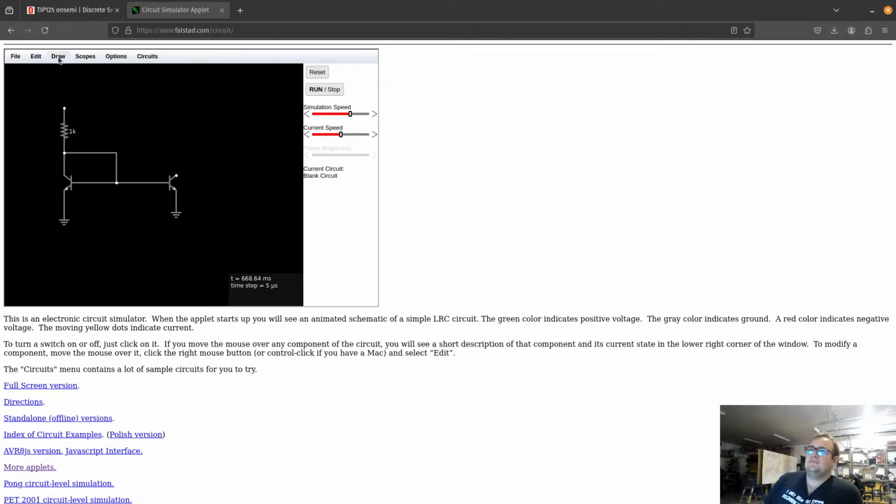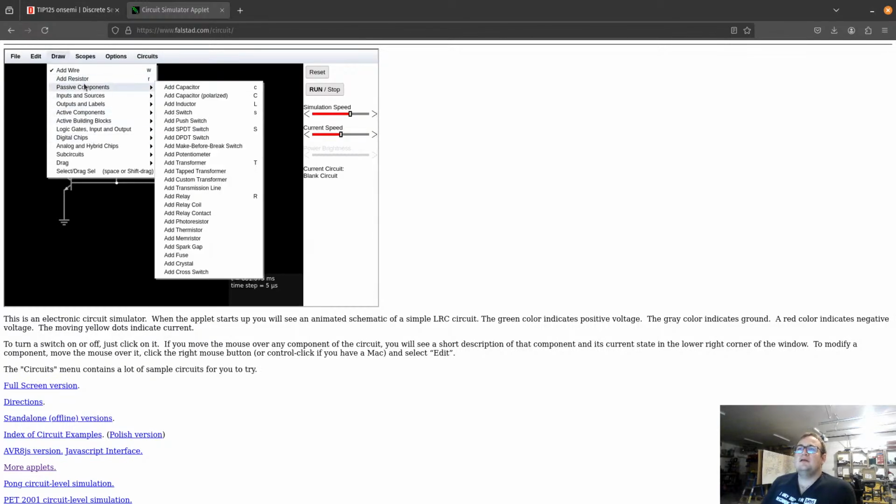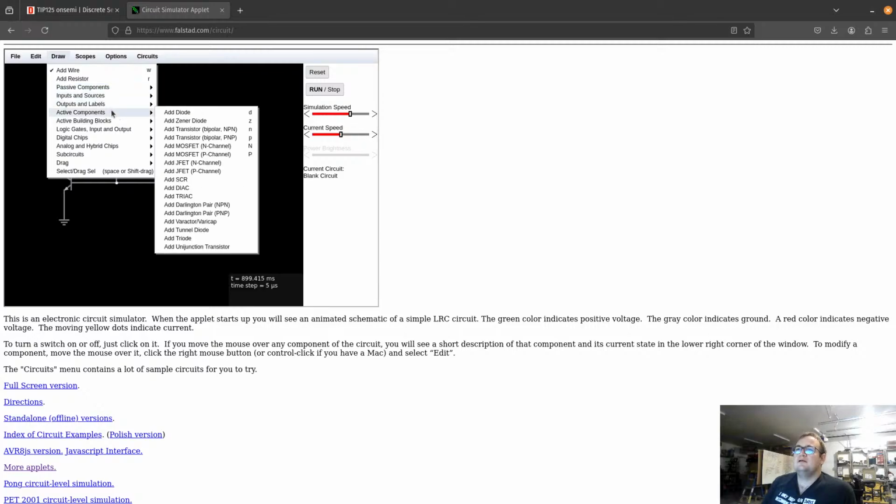Then I'll add a resistor here. And then we will just draw them together. Oops. Don't want a resistor there. We want just a wire. So now we'll draw in that wire. And we'll draw a, where is it?